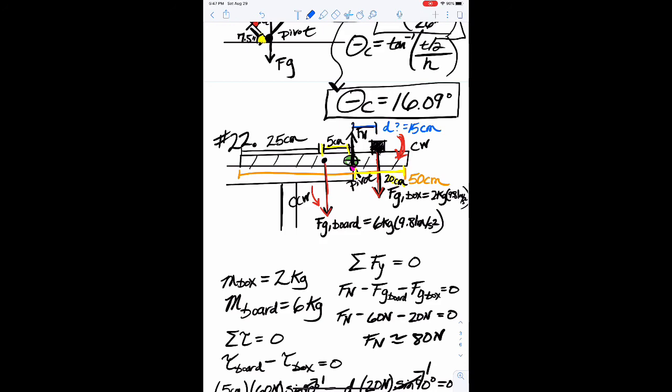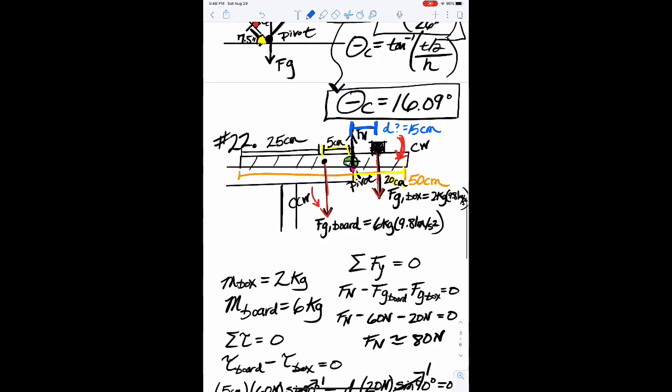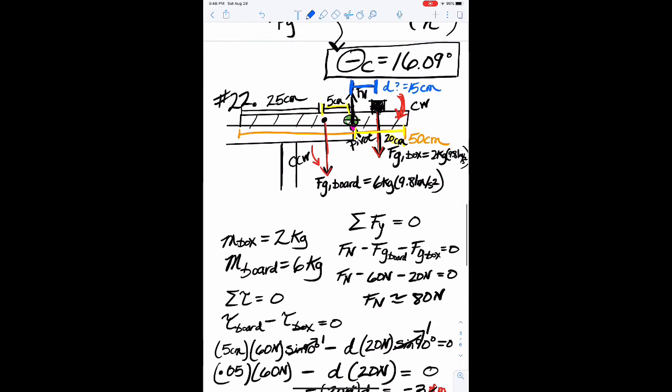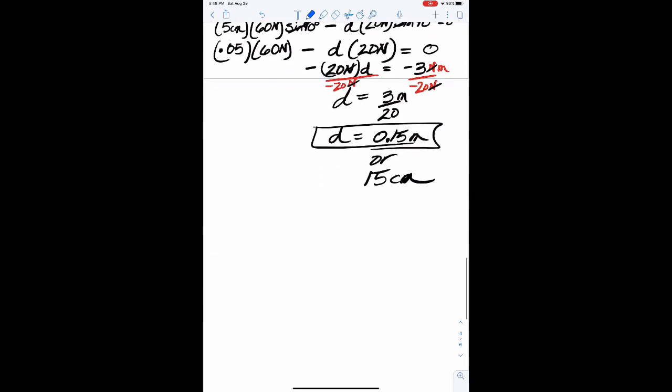So the question asks, what is the most that the box can be out from the edge of the table onto the board, the furthest out. So here's the end of the table right here, and it can be 15 centimeters from the edge of the table is where this box can rest. So the furthest out is 15 centimeters from the edge of the table, which is where our pivot was.